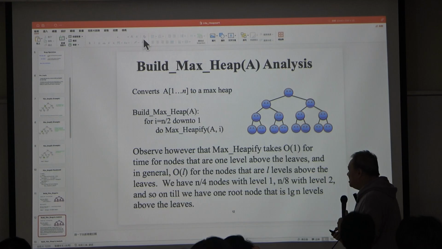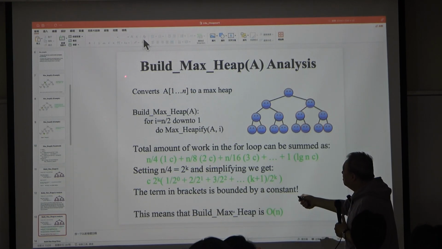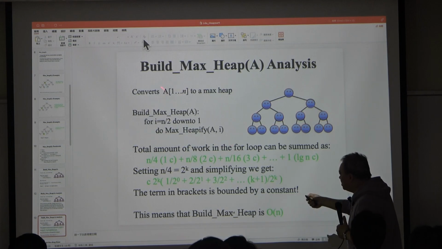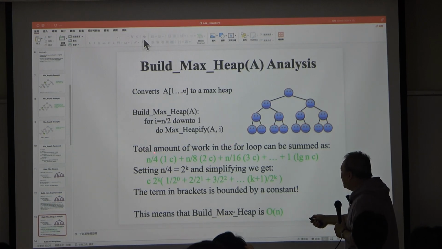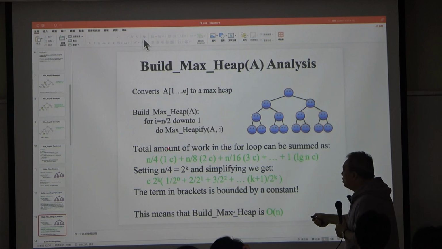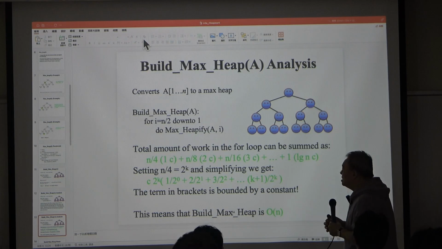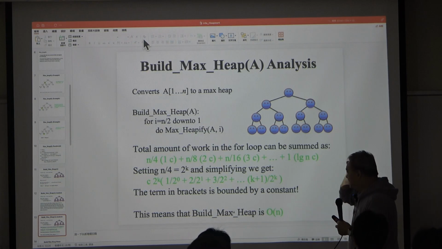So what really happens for this build max heap is something like this: n divided by 4 times 1c, plus n divided by 8 times 2c, plus n divided by 16 times 3c, and so on, up to 1 times log n c, where c represents a constant time.